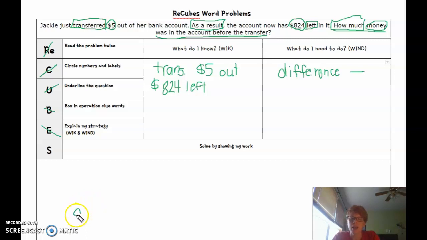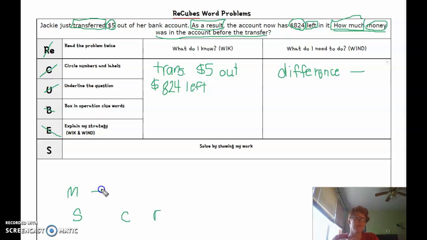I'm going to put down SCR for start, change, result. I want you to do that as well. And let's talk about how much did we start with? Do we know? No, we don't. We don't know how much money was in the account before the transfer, do we? So I'm going to put down M for I don't know how much money it started with, but I know that Jackie transferred out $5.